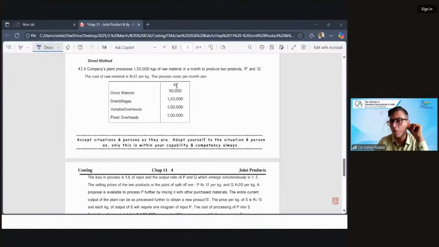Just to inform you all, for the two questions I am posting as homework, questions 2 and 3, you have to solve only as per the required methods, nothing beyond that. You need not solve them by all methods. Now, there is one more concept called the direct method. What is this direct method?